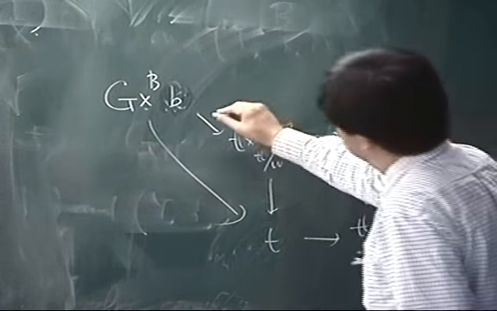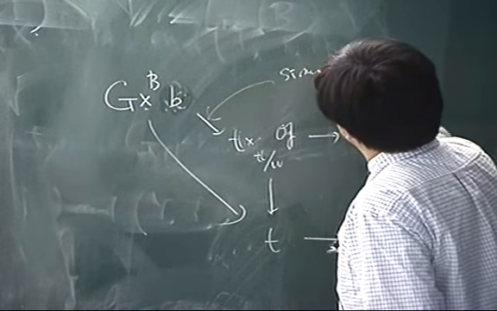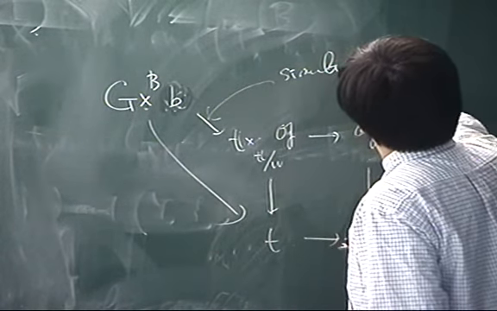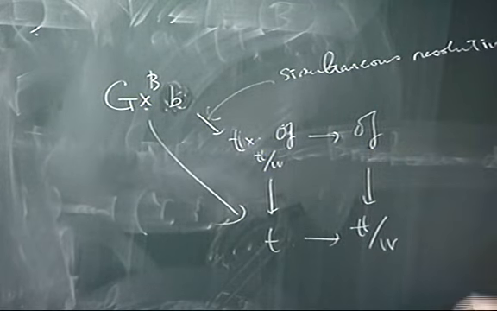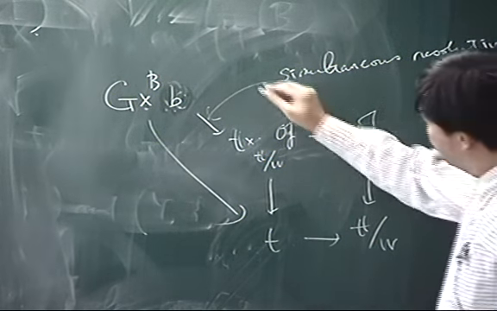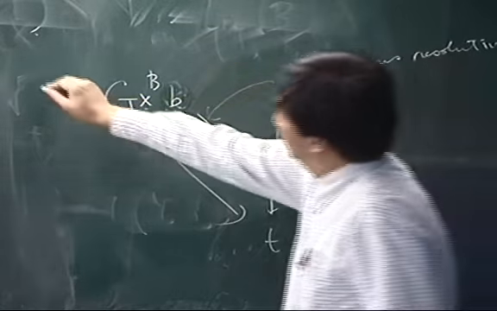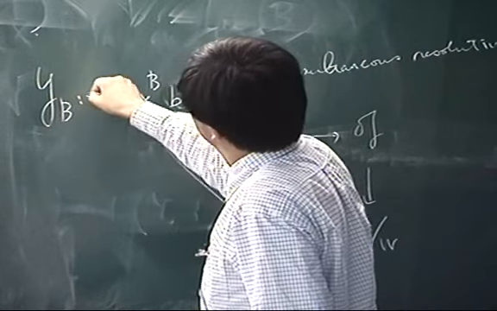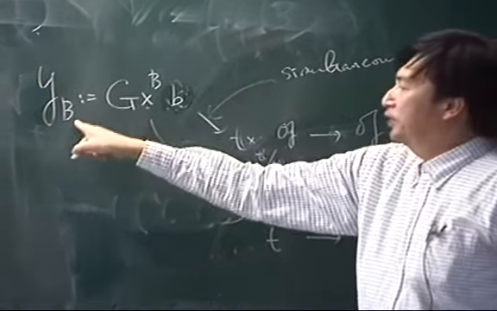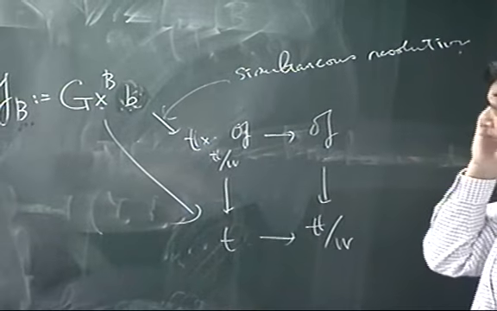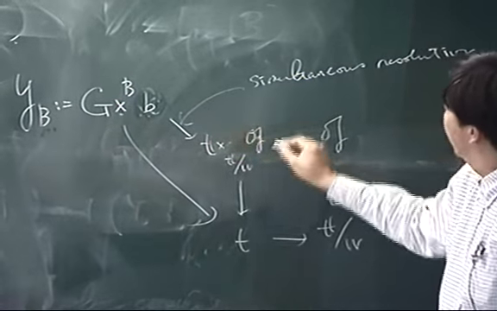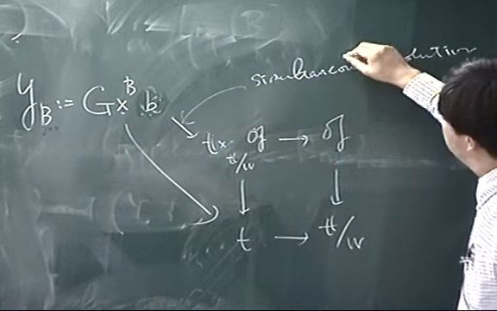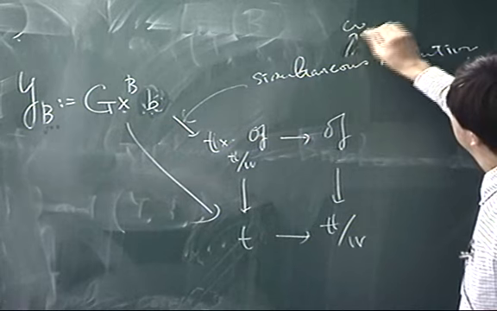Yes? So this is the simultaneous resolution. We call this YB because it depends on the choice of Borel subgroup. And so YB gives a simultaneous resolution. In particular, this is a crepant resolution.